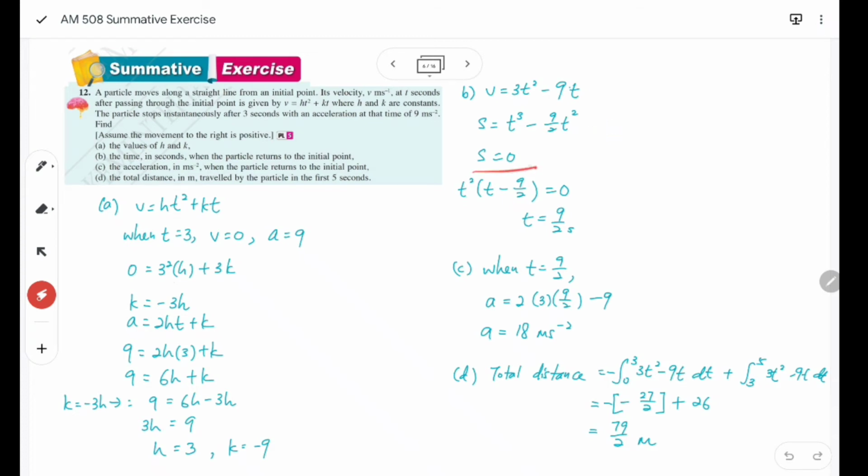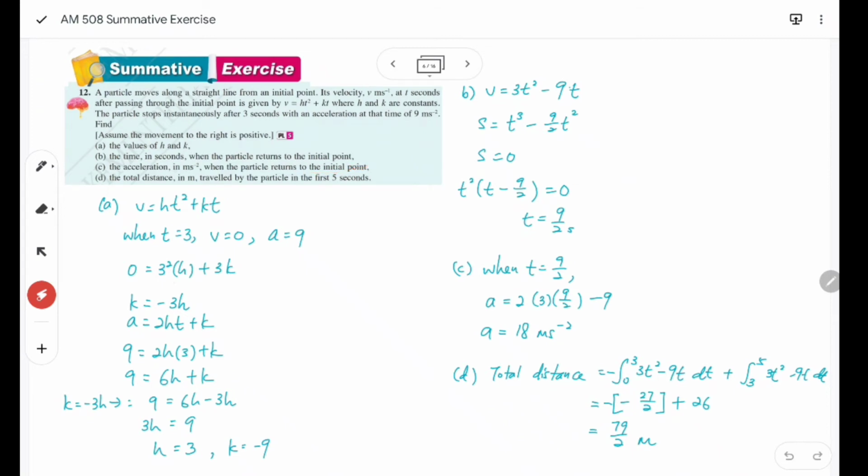Therefore, when s equals 0, we can factorize out t squared and t minus 9 over 2 equals 0. And from here, I know that t equals 9 over 2 seconds. So when t equals 9 over 2 seconds, the particle returned to the initial point.